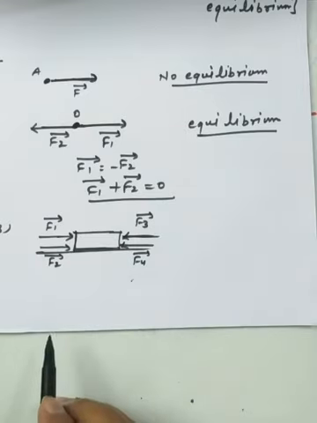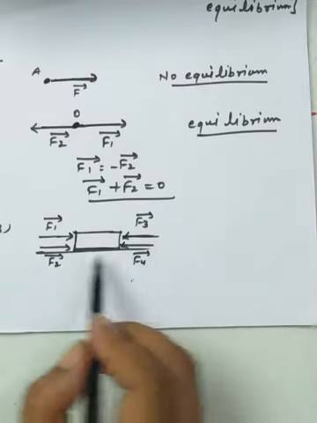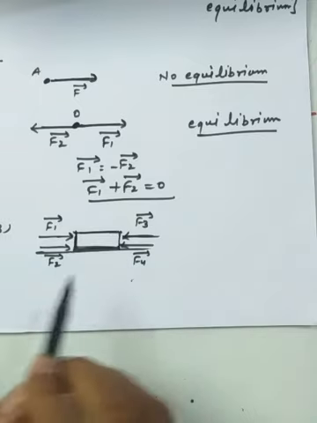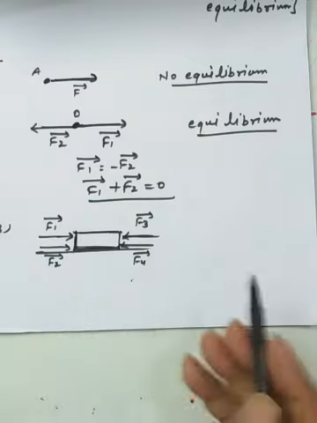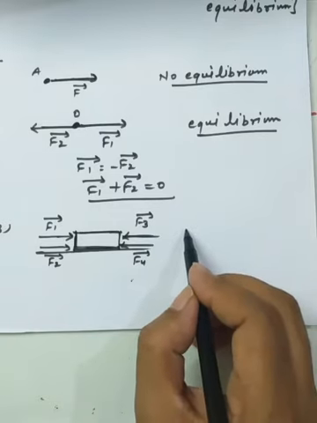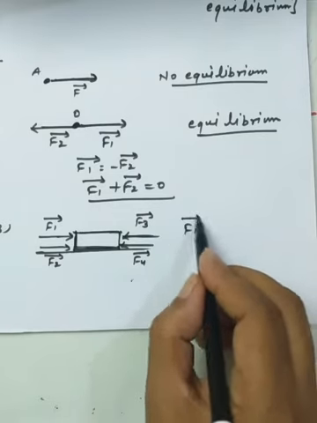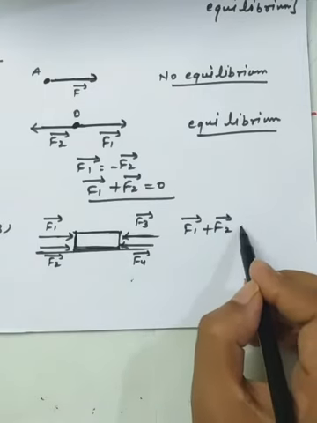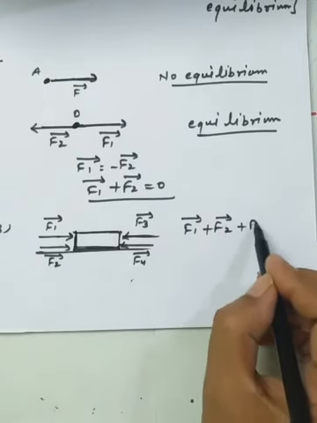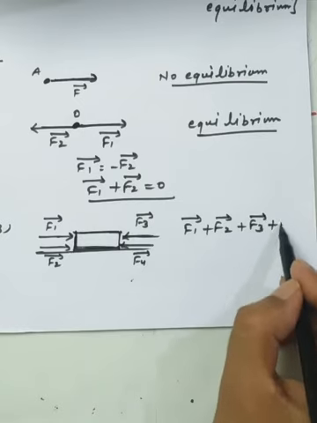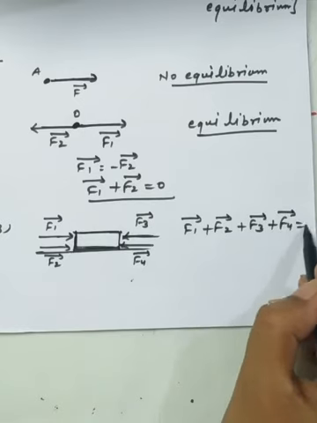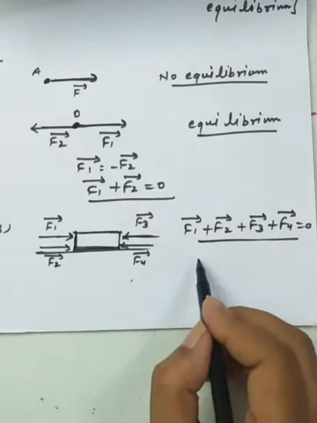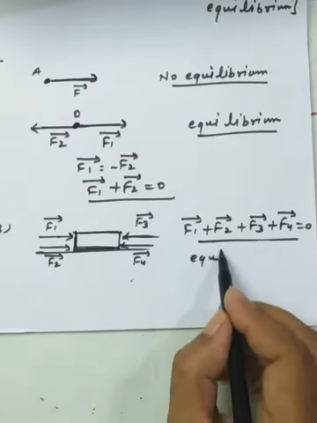So easily we can know that this is the condition of horizontal equilibrium, in which the object is not moving to the right or the left. So we can say that F1 plus F2 plus F3 plus F4 is equal to 0. These forces are known as concurrent forces and this is the condition of equilibrium.